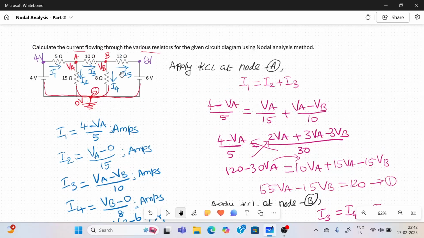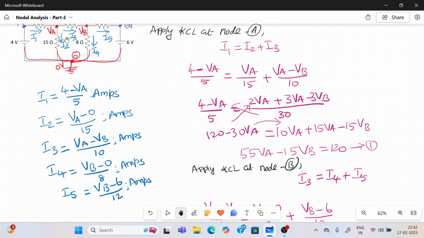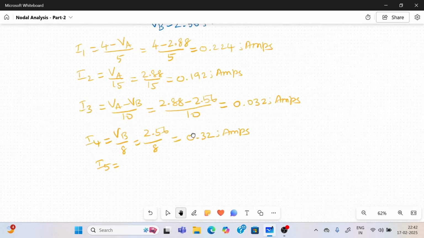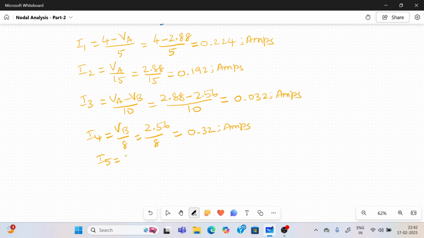Then finally your I5. What is your I5? I5 is the current flowing through the 12 ohm. So VB minus 6 by 12. Your VB is 2.56 minus 6 divided by 12.